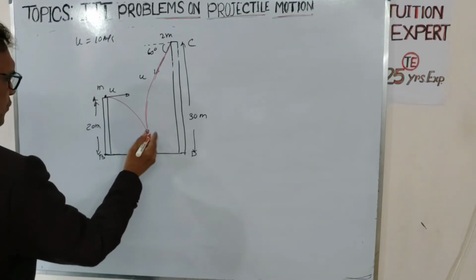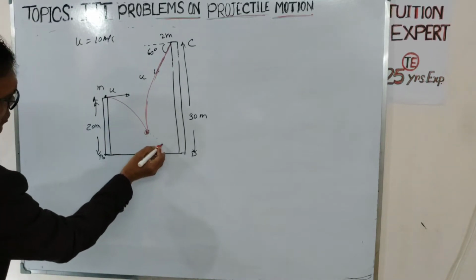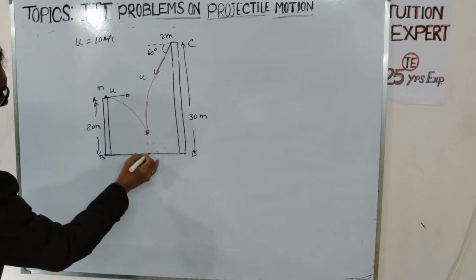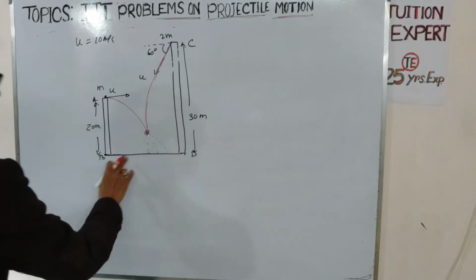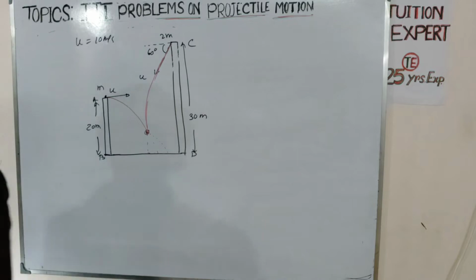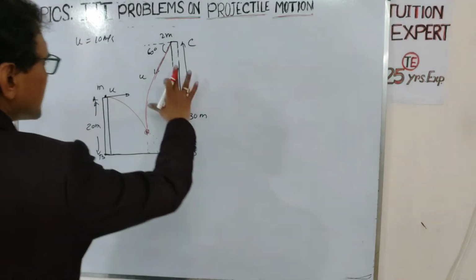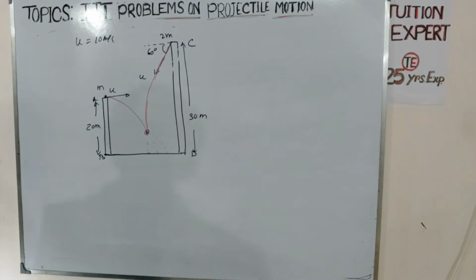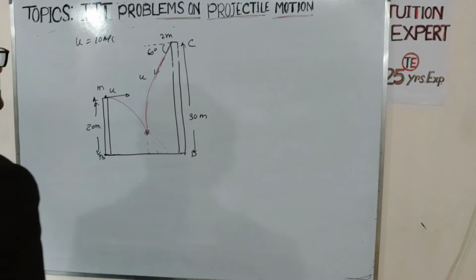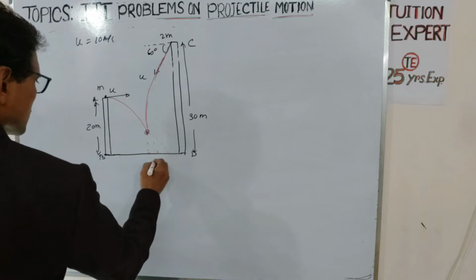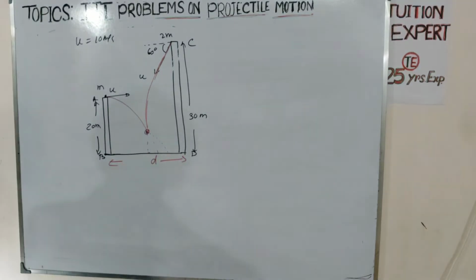The combined particle, suppose here or here, at which position it strikes the ground, we have to calculate. Okay, this is the diagram. So we have to find the position, the time taken and the distance between the two towers.